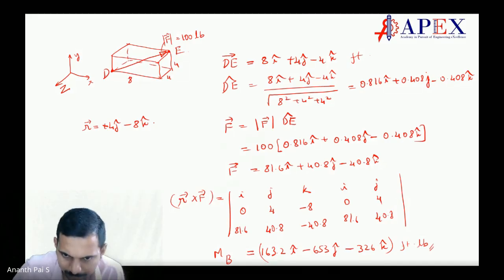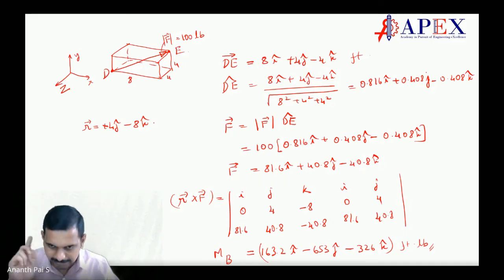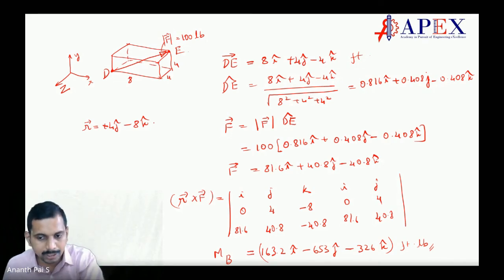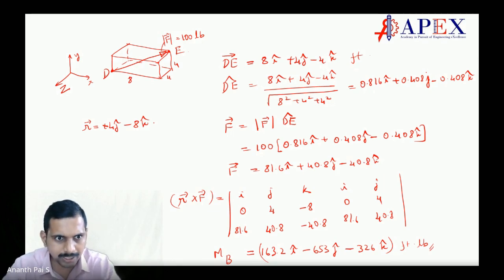Yes, got it, sir. My answer is 326.8 i minus 163.2 j plus 653.6 k. Okay, that's correct. The k direction I have taken differs from yours, so I will tell you your direction.